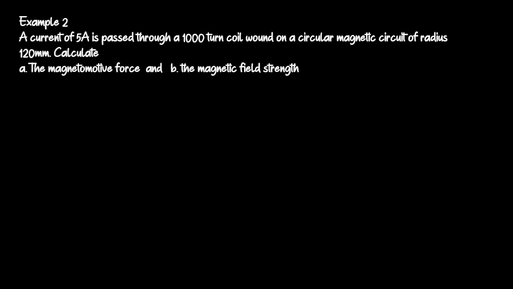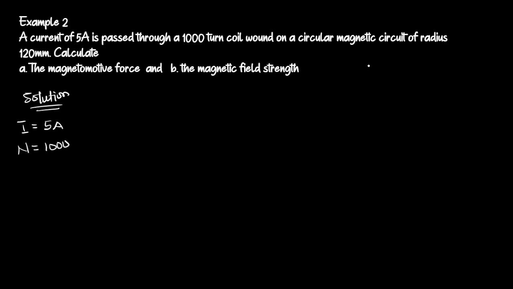A current of 5 amperes is passed through a 1000-turn coil wound on a circular magnetic circuit of radius 120 millimeters. Calculate A, the magnetomotive force, and B, the magnetic field strength. All right, so let's look at the answer for this problem. I write down my solution. The current is 5 amperes, passed through a 1000-turn coil, so my N is 1000.